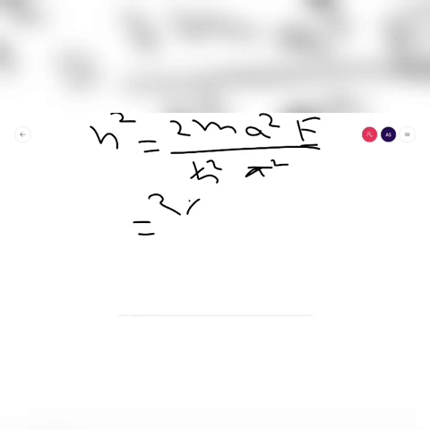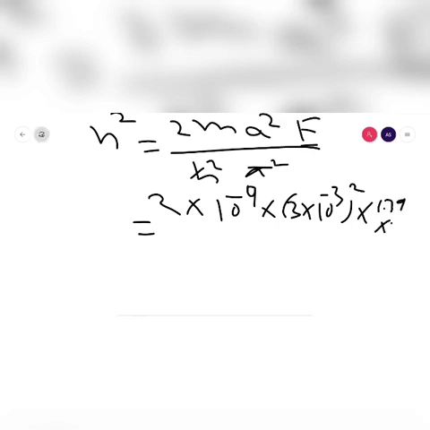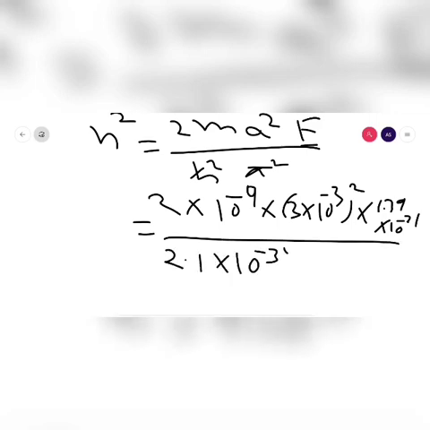2 × 10^-9 × (3 × 10^-3)² × 1.39 × 10^-21 divided by (2.1 × 10^-34, the value of ħ)² × 3.14².